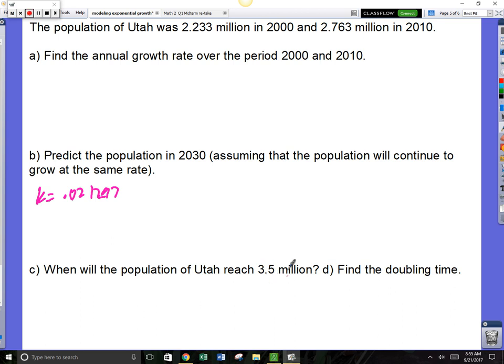That's actually my Y. So if your model is Y equals A times E to the KT, that is going to be the outcome.